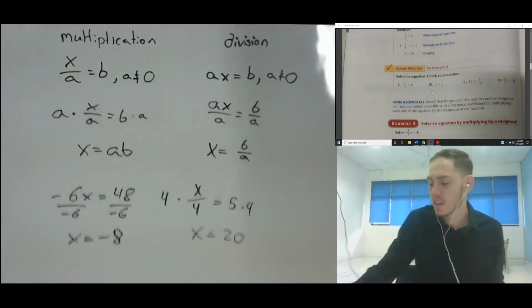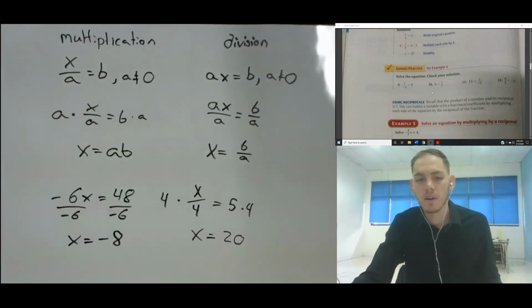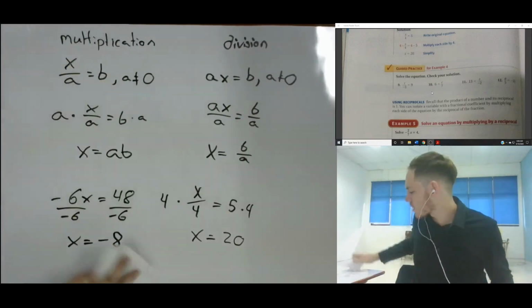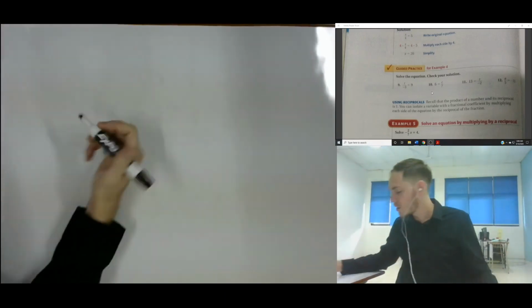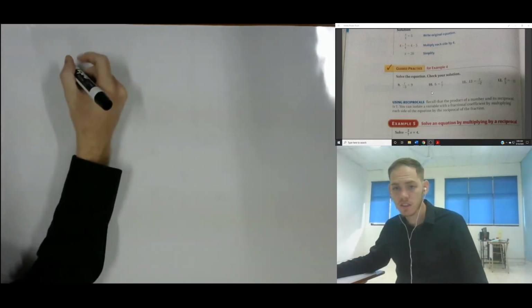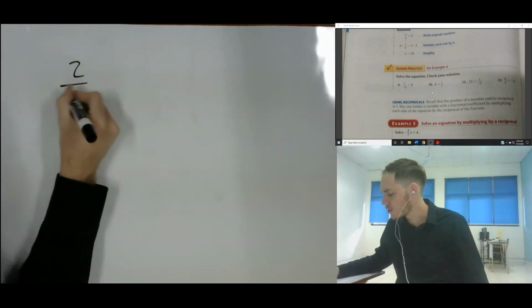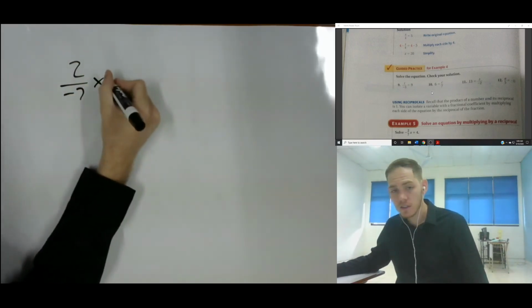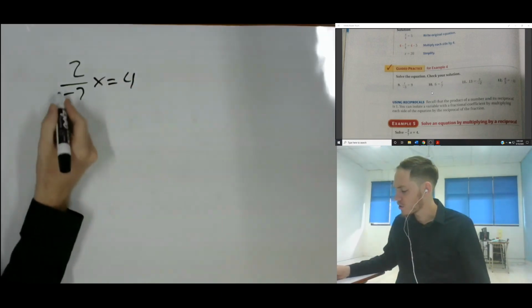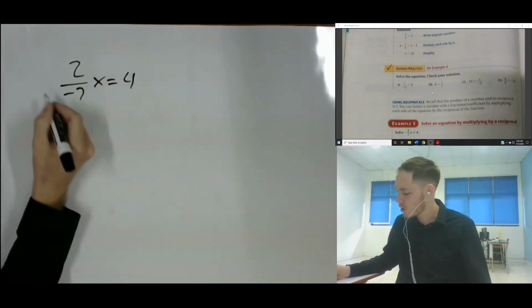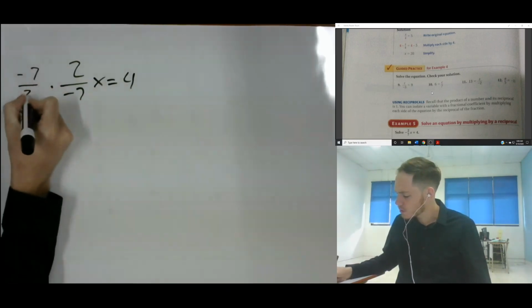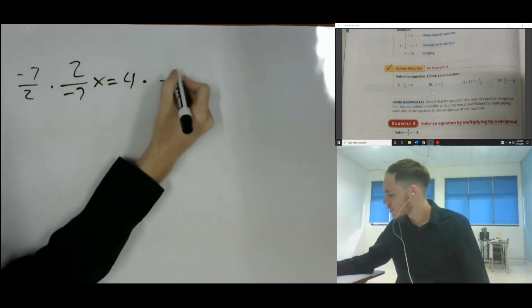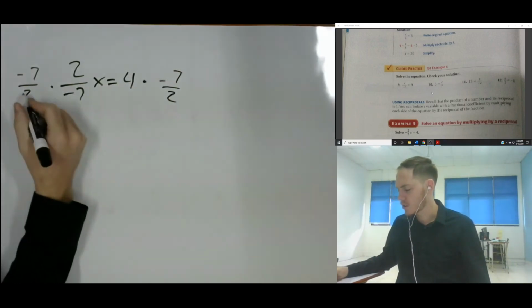But notice, these are whole numbers. What if we're using a fraction? Actually, a fraction is going to be kind of a combination of both. If you have a fraction, you will multiply by the reciprocal. To cancel out negative 2 over negative 7, you're going to multiply by negative 7 over 2 on both sides. So you multiply by the reciprocal.